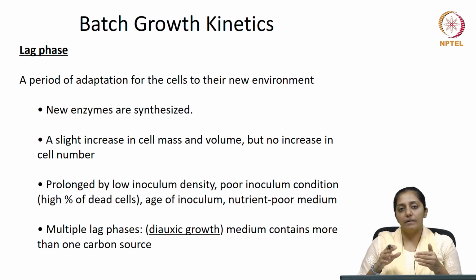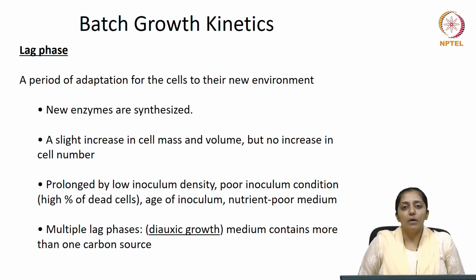Then when the seed fermenter is used to prepare the inoculum for the production fermenter, this seed fermenter will have the same composition as the production medium, so that the activated culture is acclimatized in the seed fermenter to multiply and prepare the inoculum for the production fermenter. Because the nutrient composition is not much varying, the period of adaptation is less.